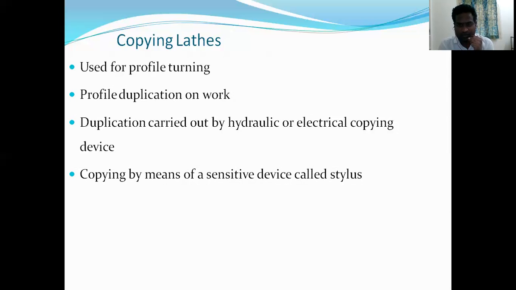Now we are coming to the main point: the attachment is actuated by hydraulic or electrical operating, and that attachment is a sensitive device. That sensitive device is called stylus. So here, copying is by means of a sensitive device, and that device is called stylus.